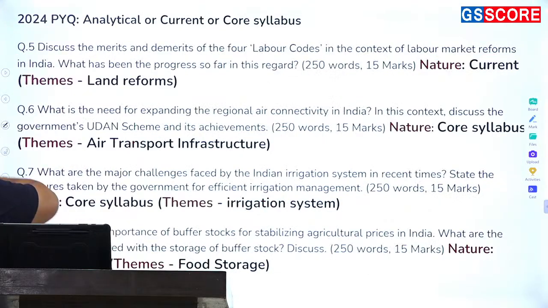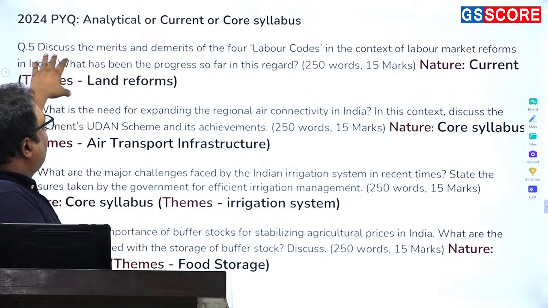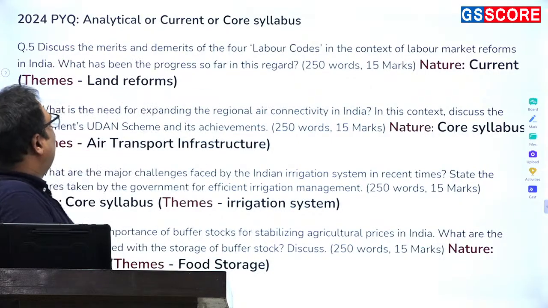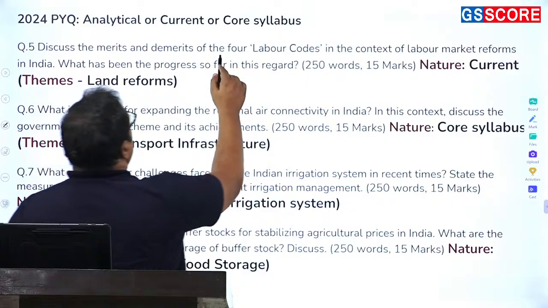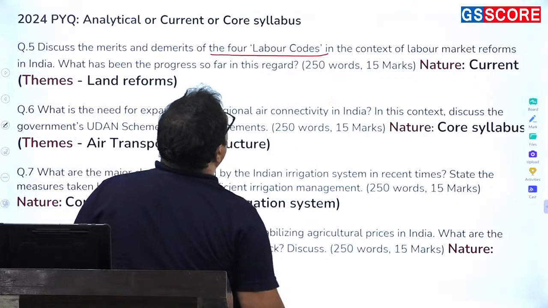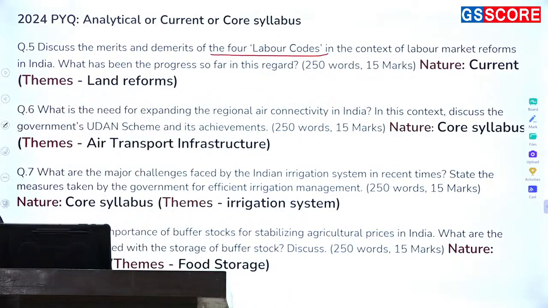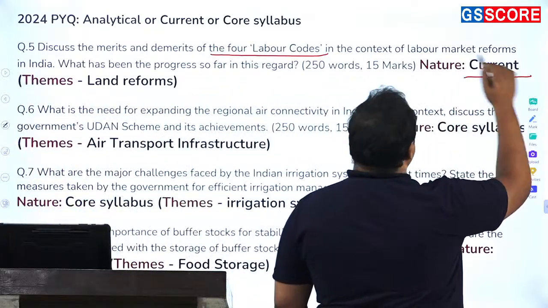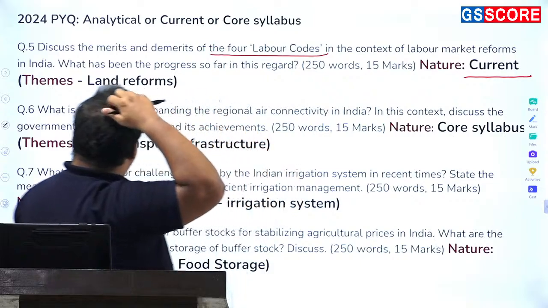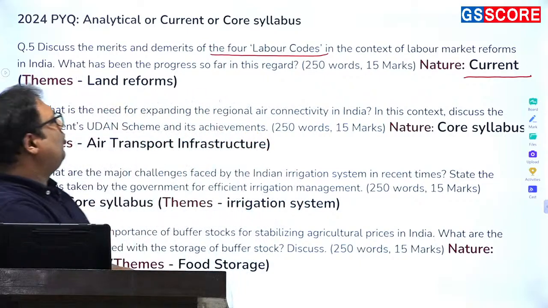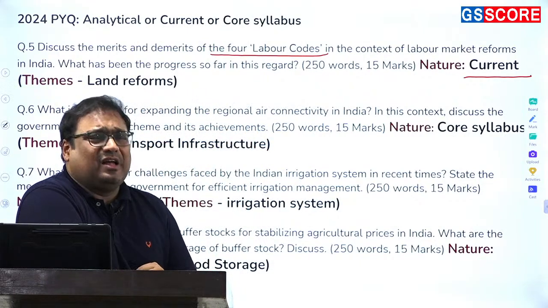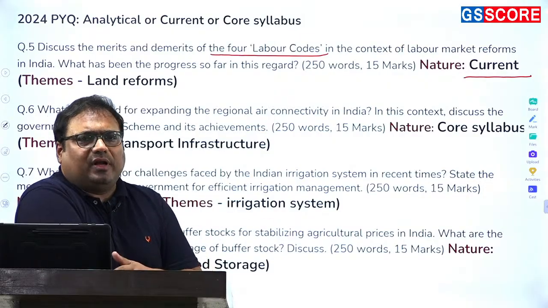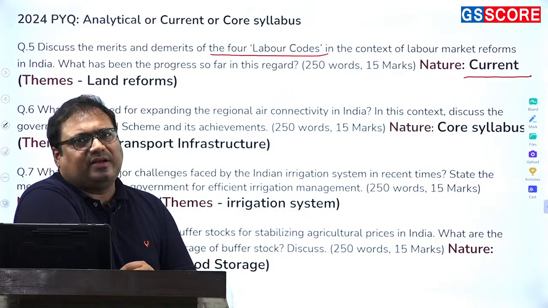Let's move ahead. The next question in 2024 was about the 4 labor codes, in the context of labor market reforms. So this is a current topic. This is purely current. Okay, so merits and demerits of the 4 labor codes. So 4 labor codes have been introduced one by one in the Indian Parliament since 2019.